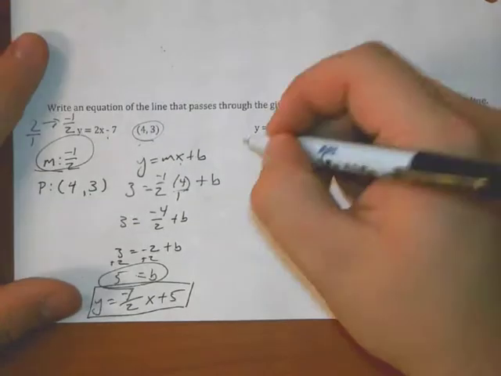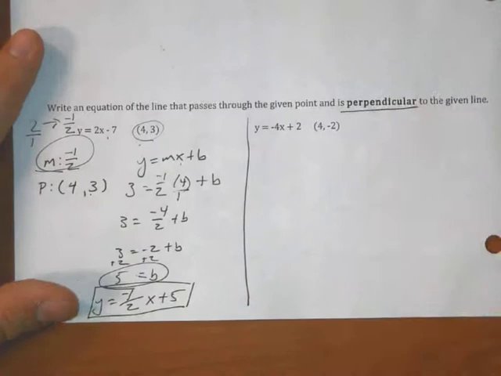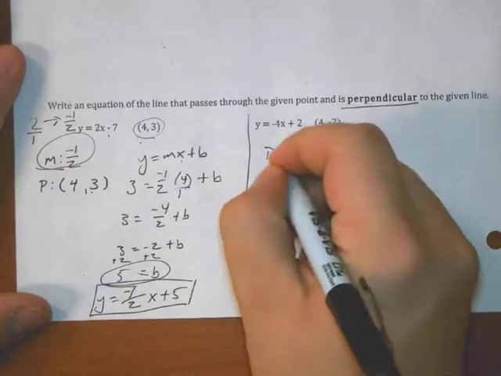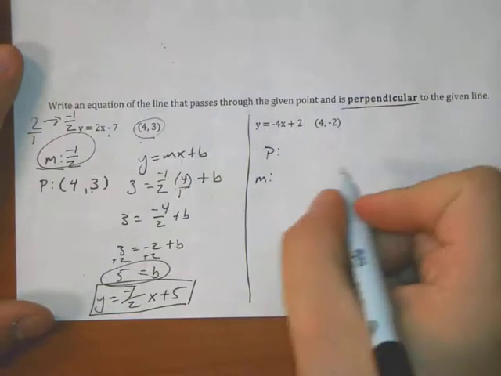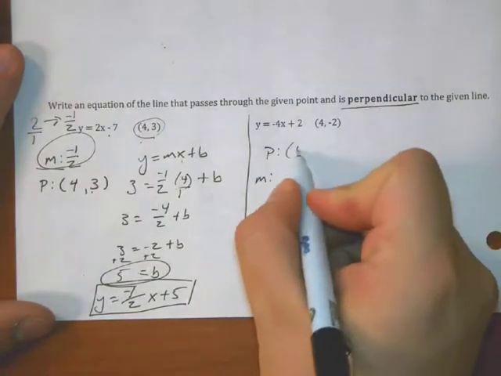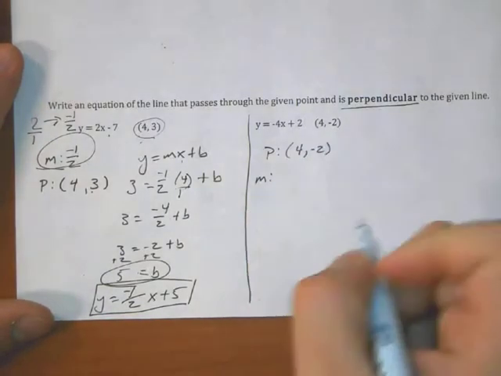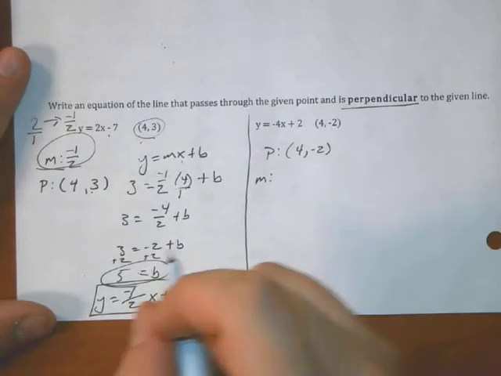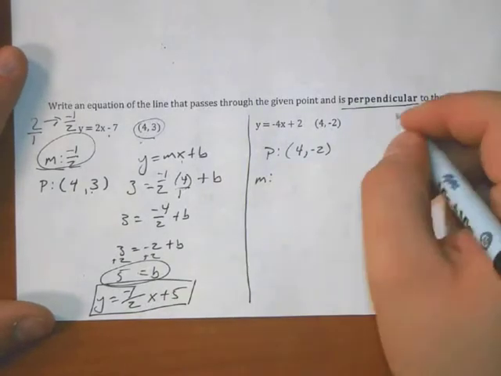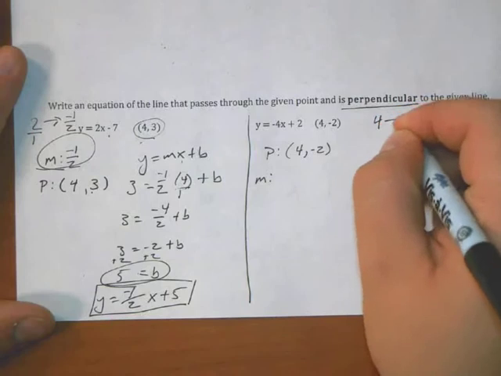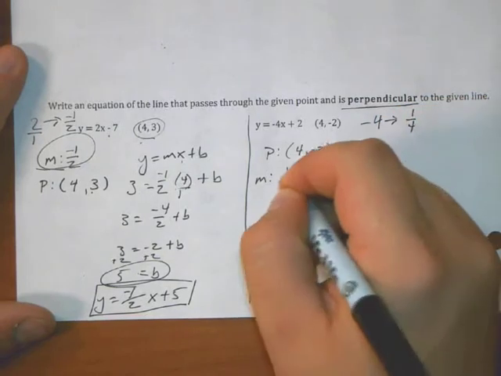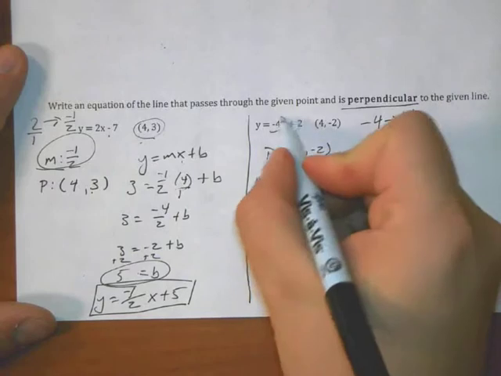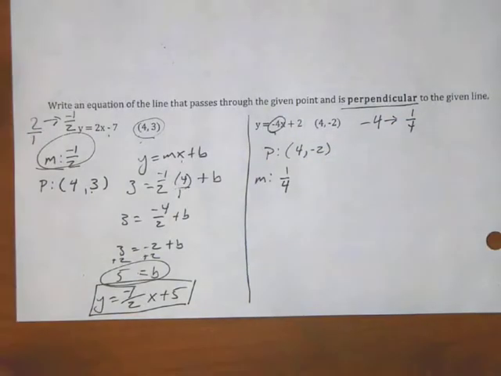Let's try it one more time for good measure. We'll call it good for today. Okay, we need a point. We need a slope. What's a point on this line that we're going to write the equation of? Okay, easy one. What's the slope of the line that we want to write the equation of? This slope, opposite reciprocal.